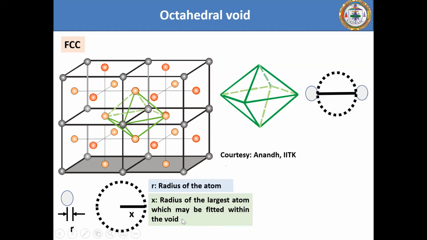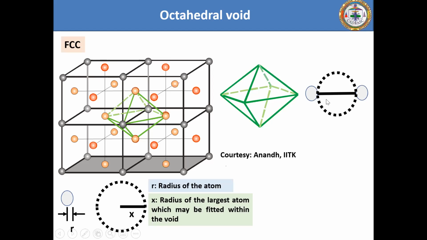A void can only be thought of in this way: its size should equal the size of an atom which can be fitted within it. So x is the radius of the void, and r is the radius of the atom. The diameter of this entire space is 2x.